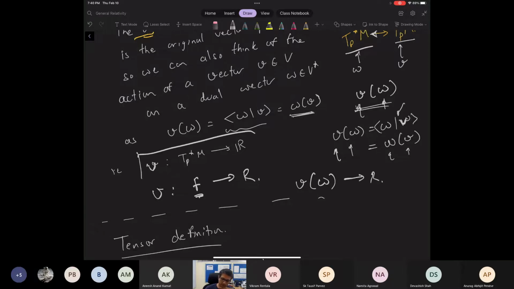So vectors can now be thought of as mappings from the dual vector space T_p*M to real numbers. This is an alternative way to think about vectors.